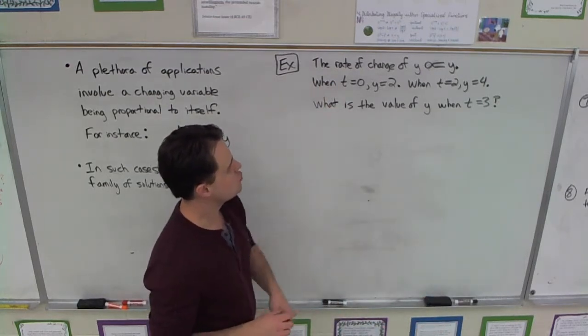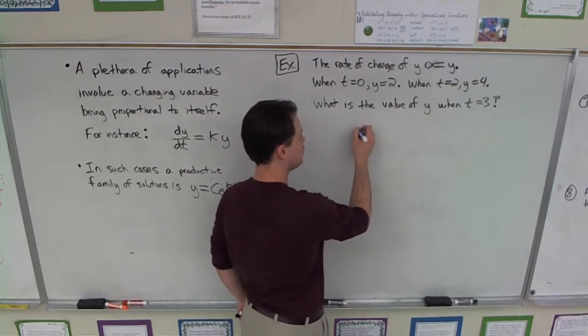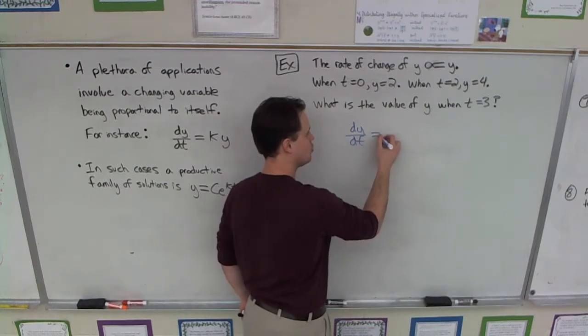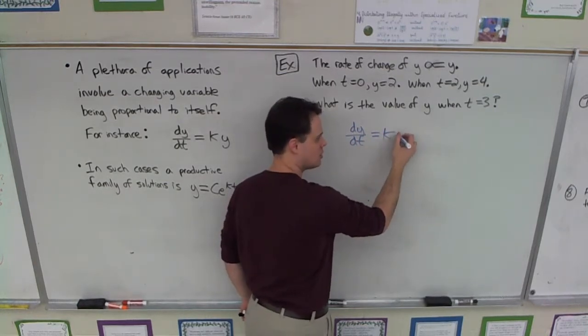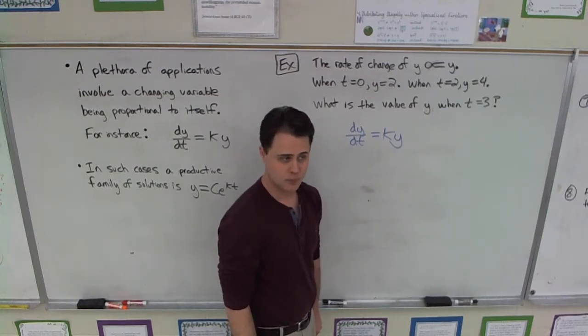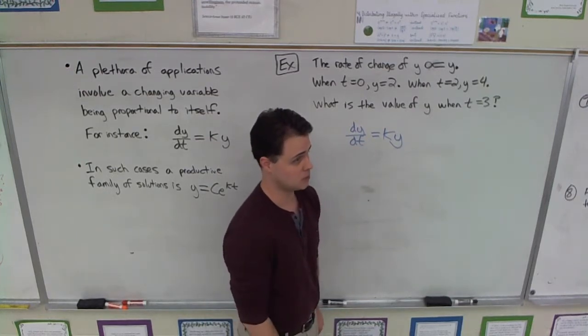If the rate of change of y is proportional to y, then we know differential equation-wise that dy/dt is equal to some constant times y, right? This is really just a new way to think about some old concepts from Algebra 2, but it should strengthen you up on what those meant.